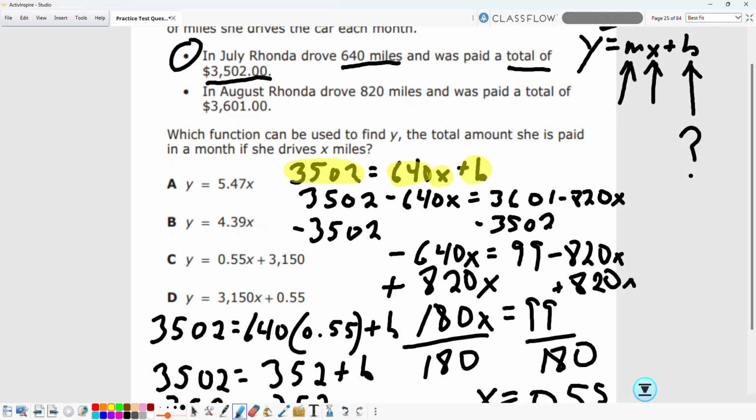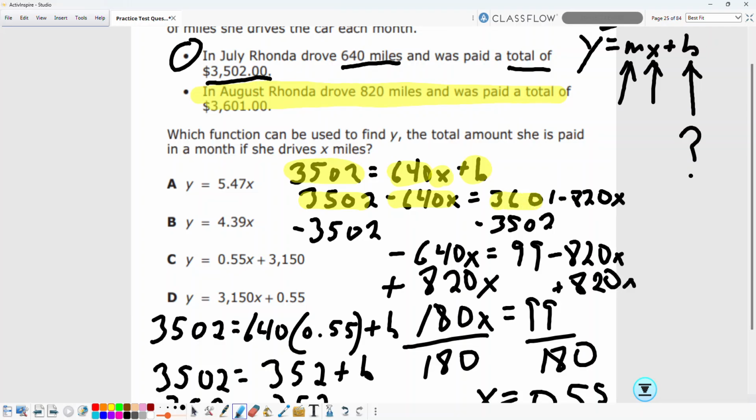But since we have our equation set up, y equals mx plus b, well, we can solve for x. And so what we can do is we take the 3,502 and we subtract the 640x on the left, because what we're doing is we're taking the second amount, this right here, we're doing the same thing.